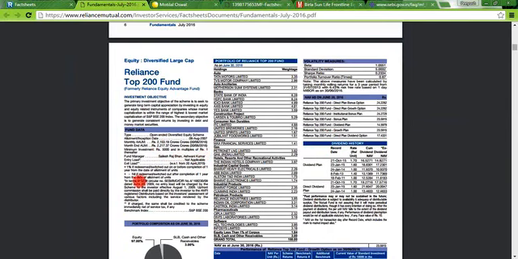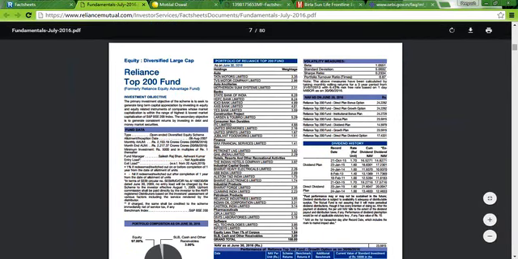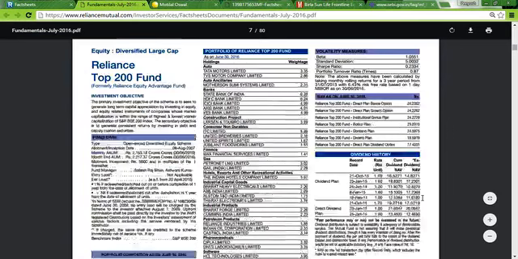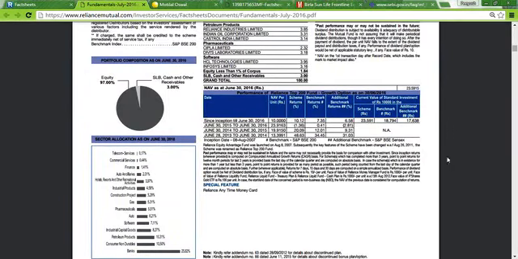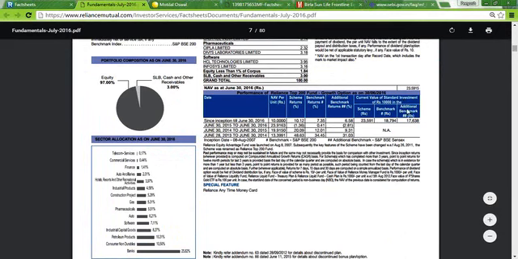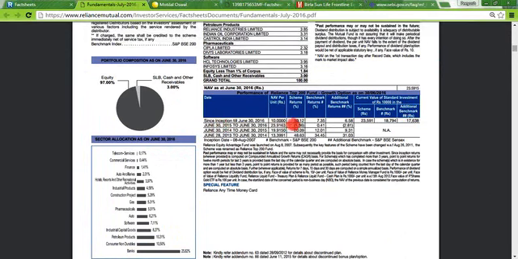If we go down further on this, so let's try and probably increase the size a little bit and go down a little bit. What's the last 1 year return as per the data that is available here on this fact sheet? That's June 2015 to June 2016. Last 1 year scheme returns minus 1.36%, right?